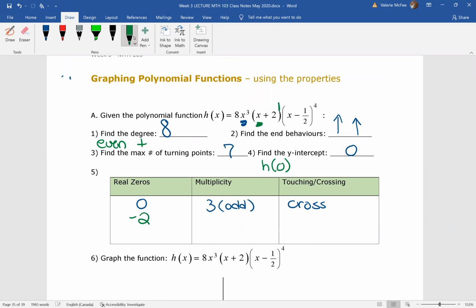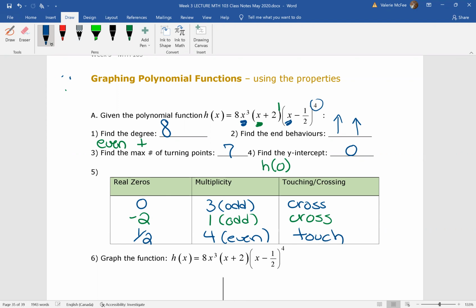It has a multiplicity of 1, which is also odd and therefore crossing at the x-axis. We have a real zero of 1/2. It has a multiplicity of 4, which is even. And so the graph is touching the x-axis.